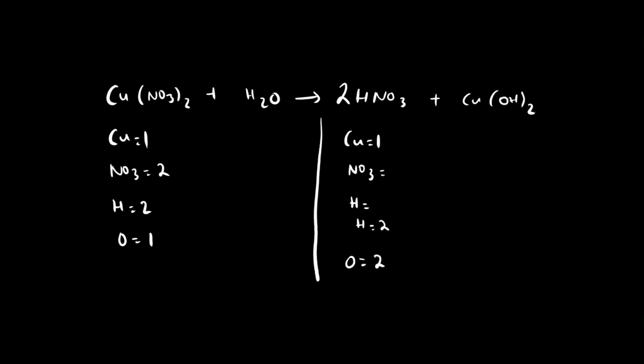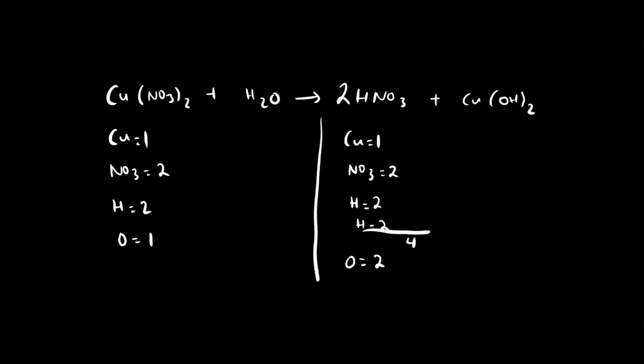So now we have 2 nitrate groups, those are balanced, and 2 hydrogen from the hydrogen nitrate, and then we have 2 hydrogen as part of the hydroxide group attached to the copper. So total we have 4 hydrogen.